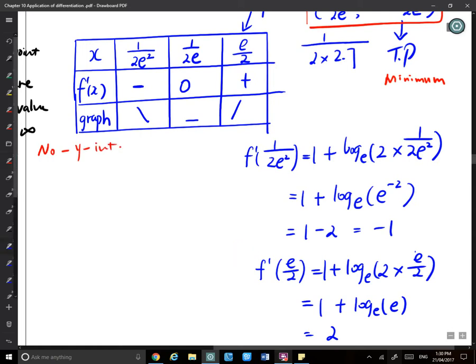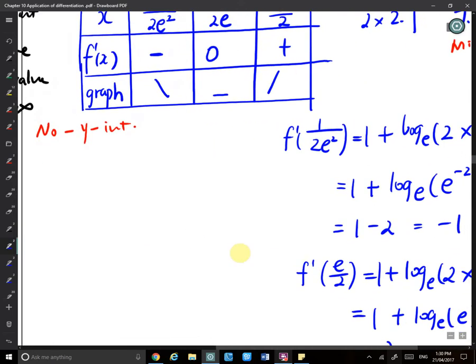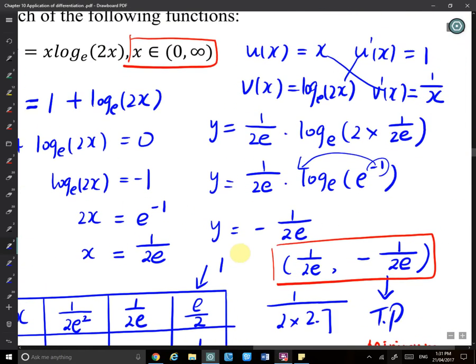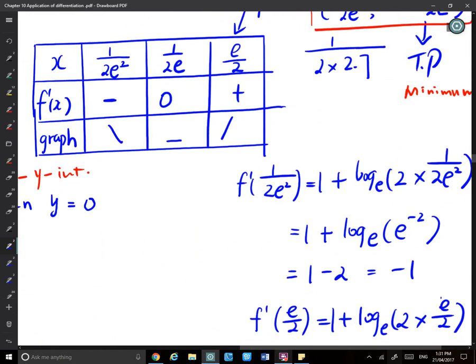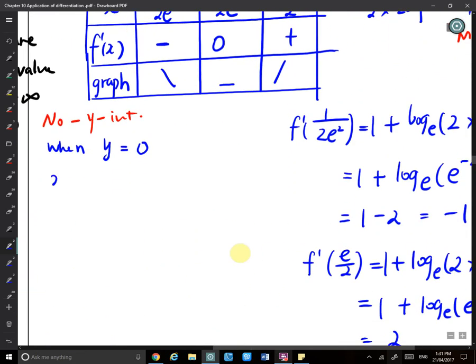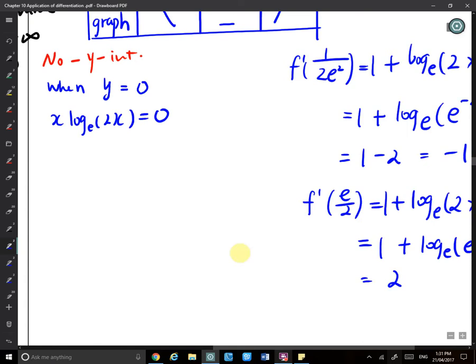And think about the x-intercept. When y equals 0, x times log e of 2x is going to be 0. Then either x is 0 or log e of 2x is 0. But x cannot be 0 because of the domain.